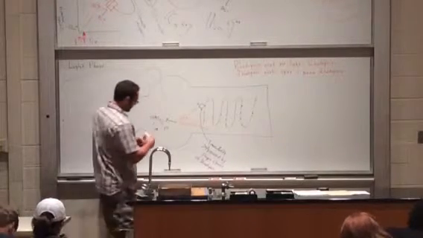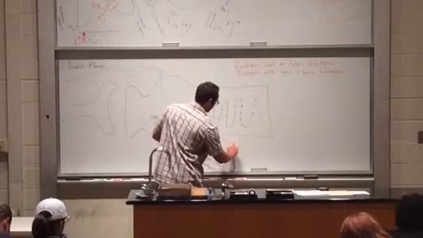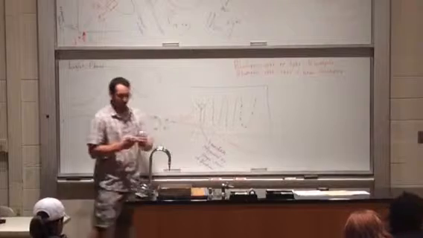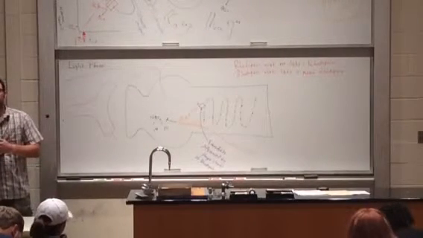So cyclic GMP phosphodiesterase destroys cyclic GMP. It basically catalyzes the breakdown of that molecule into simpler molecules.